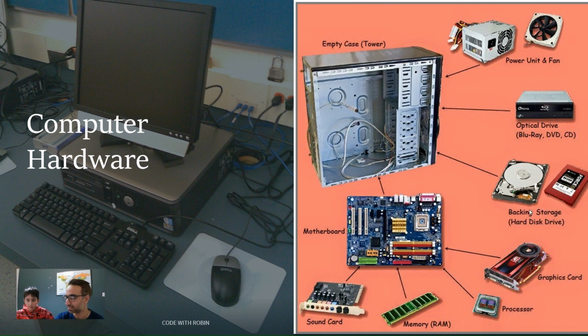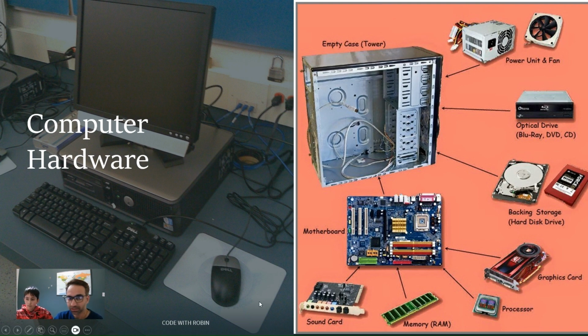It's a metallic disk inside the computer. Similarly, it needs a power unit to power it on. You can have a DVD player. The motherboard is very essential, which has all the essential circuits within the CPU. So hardware, which is physical in nature, which you can touch, is known as hardware.